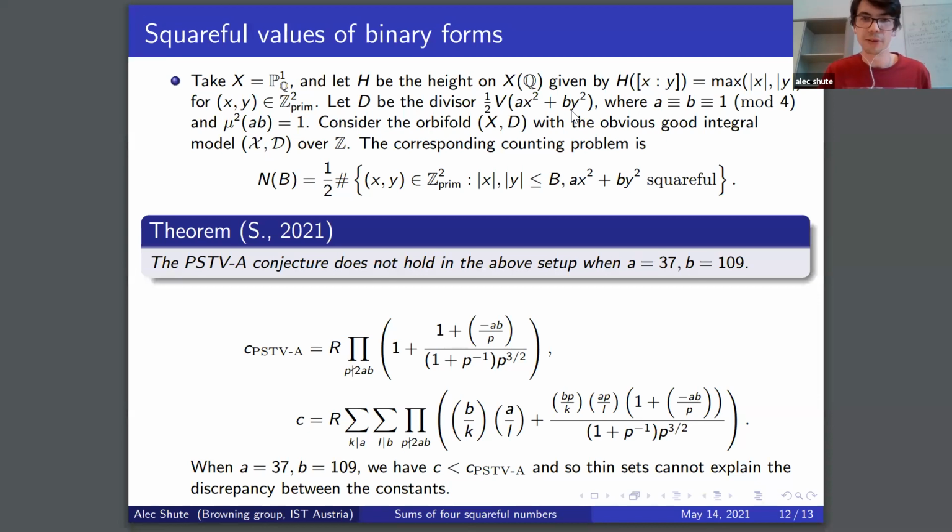Then we consider the orbifold (X,D) with the obvious good integral model over Z. And here's the corresponding counting problem.